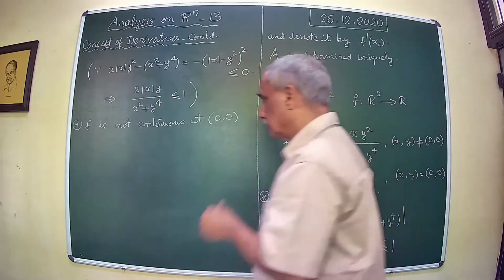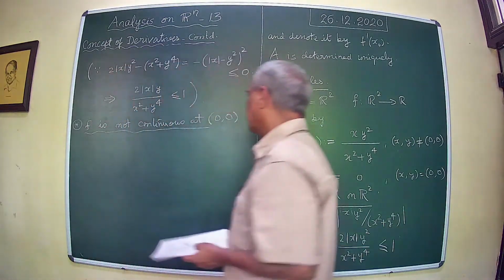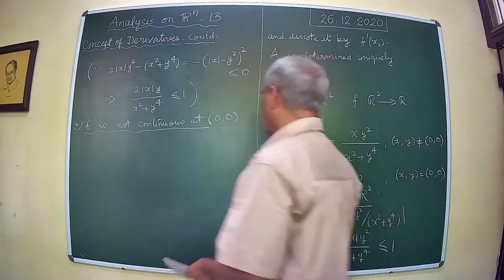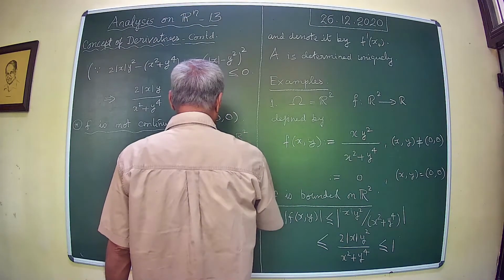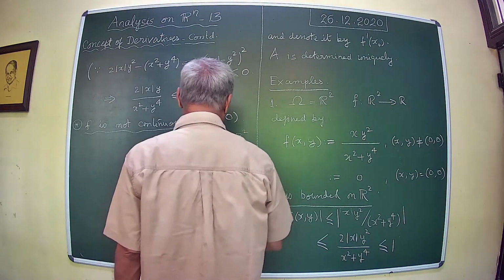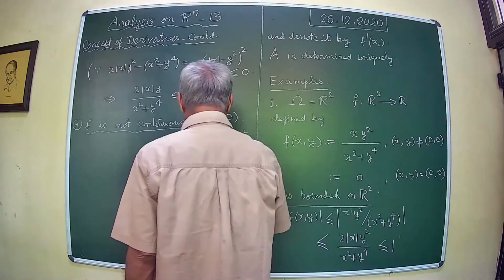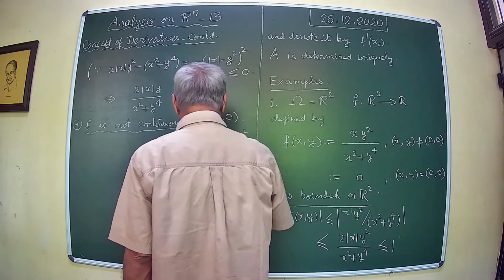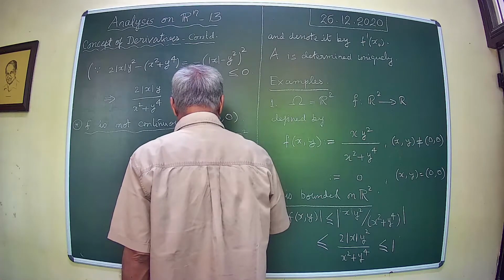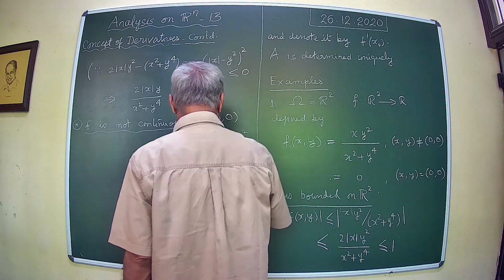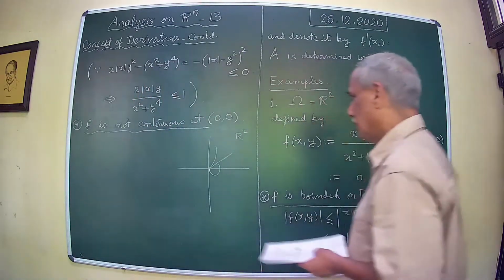Continuity is something that we have to look at hard here, because this is R2 and this is the point (0, 0). You have to look at whether the function is continuous along all sorts of paths that go here, something like this, or even something like this, radial directions or anything.